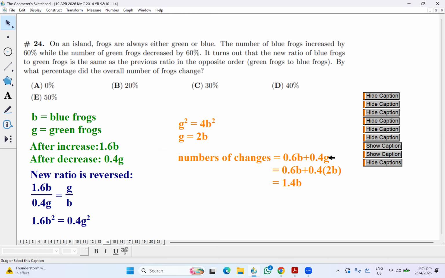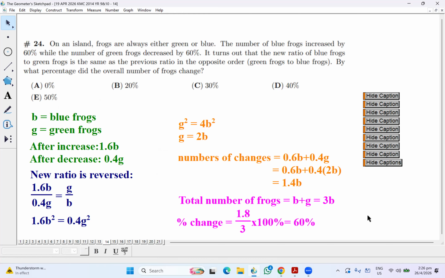This one changed by 0.4, correct? Number of green frog decreased by 60. Green one by 60. Let's see what did I do after that. Blue plus green is 3B, percentage. So my answer not inside here, you know, 60 wrong already.